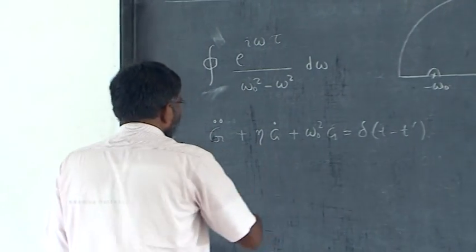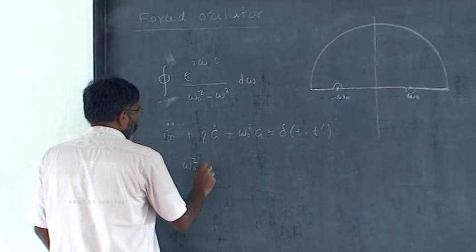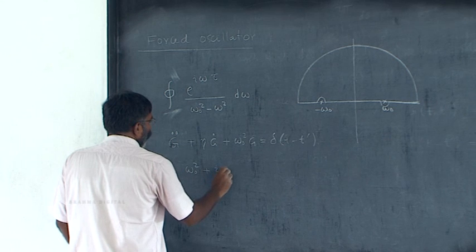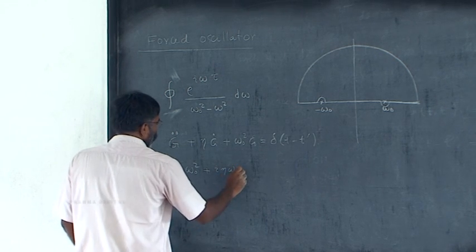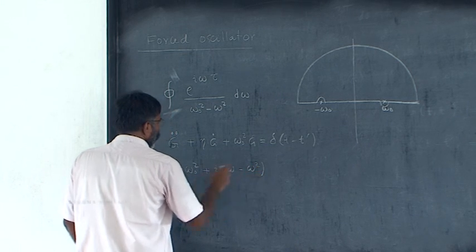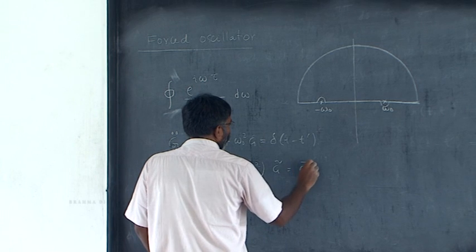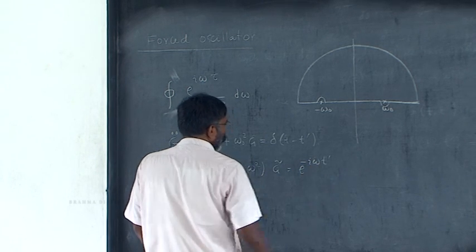So you can see here, this will be something like (omega naught square plus I eta omega minus omega square) into g tilde is equal to e power minus I omega t prime.